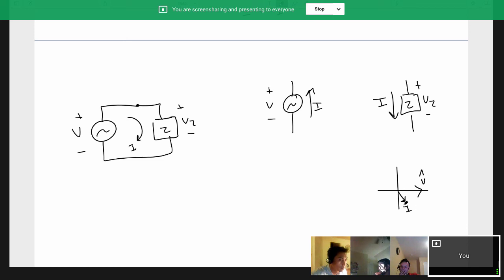Lagging or leading? Lagging. Load or source? Load. Well, it's voltage, so actually I don't know. It's load. Let's compare it to this.